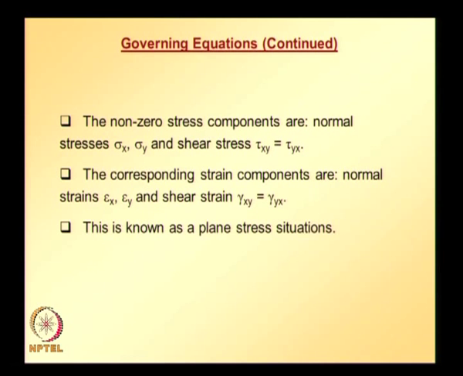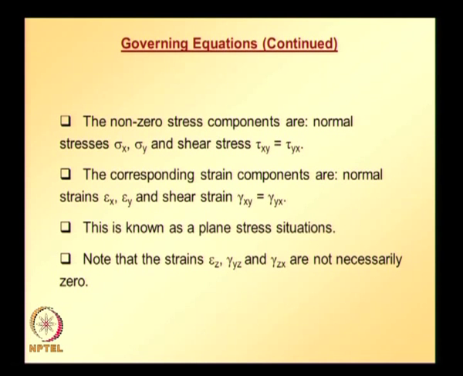And please note that even though out of plane stress components are 0, out of plane strain components are not necessarily 0. Note that strains epsilon z, gamma yz and gamma zx are not necessarily 0.